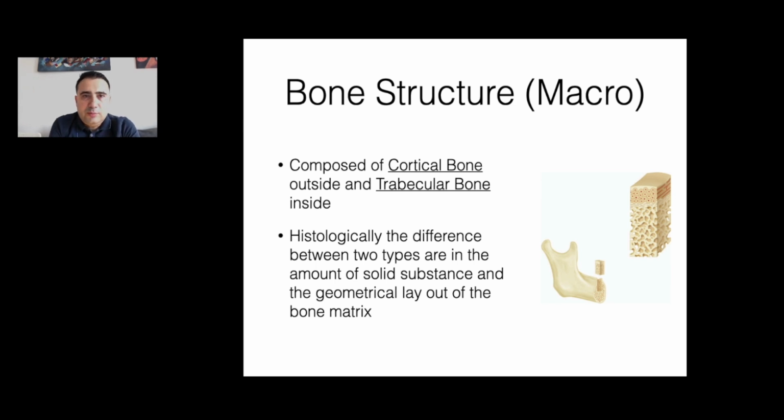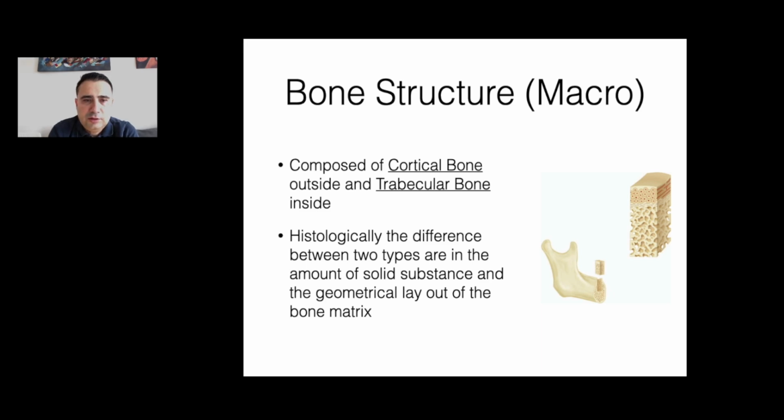Now take a look at the macrostructure of bone. So far I talked about the microstructure, the microscopic appearance of bone. At the macro level, the bone is composed of cortical bone outside and trabecular bone inside.